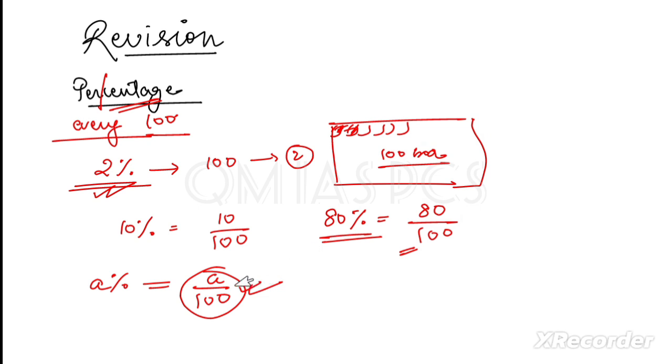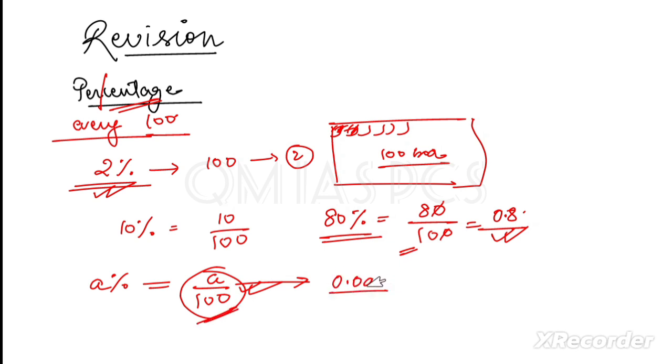Now can you convert it into a decimal? For 80 by 100, you can cancel the zero, so it will be 0.8. This is in terms of decimal. Here we can write a% as 0.0a, whatever number a is.